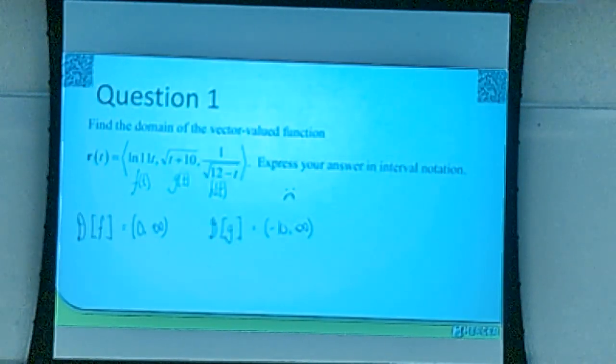Square root of x, what's the rule? It can't be negative. Is 0 negative? No. So it's greater than or equal to -10. You can take the square root of 0.